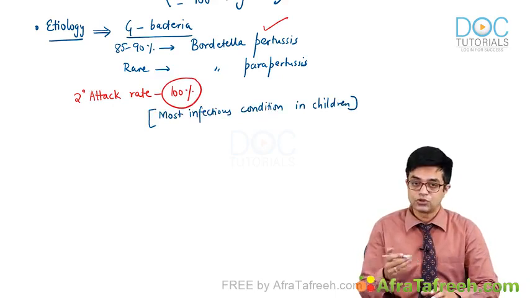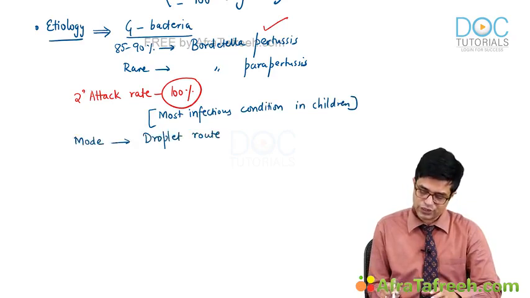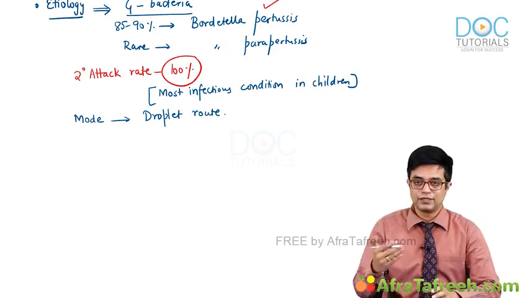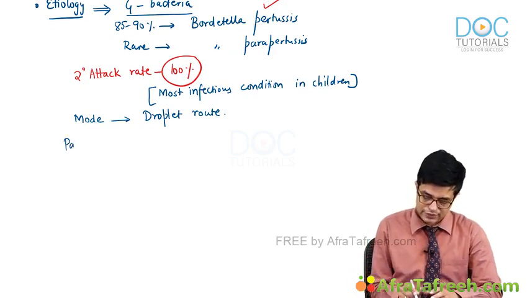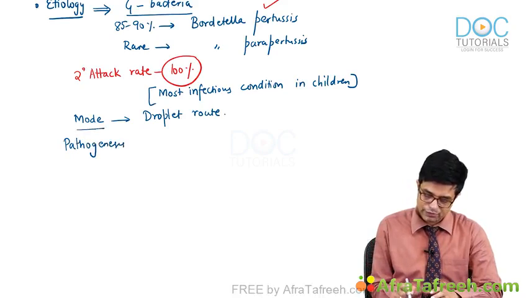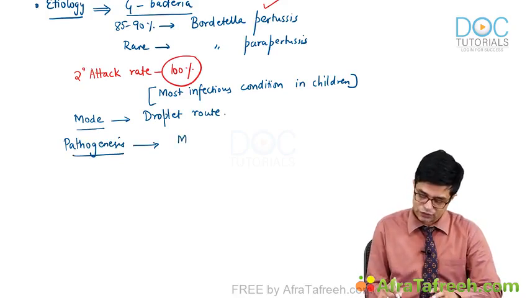What is the source or mode of infection? The mode of infection is the droplet route. So close contact as well as droplet precautions should be taken to prevent it. Now coming to pathogenesis. In pathogenesis, Bordetella pertussis produces many types of toxins.